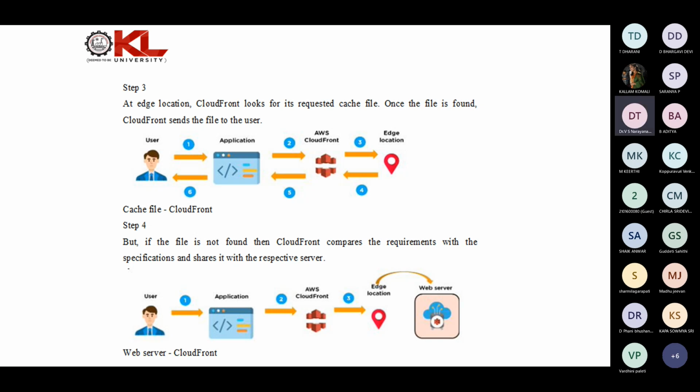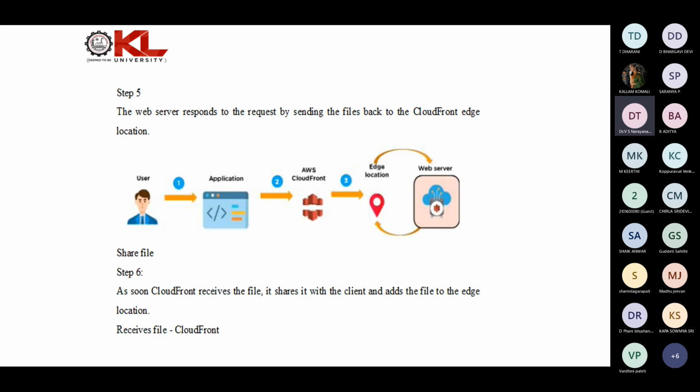That means if the edge location does not find that particular file, the edge location might forward the request to the regional or web server, which assesses the related nearby server's specifications.